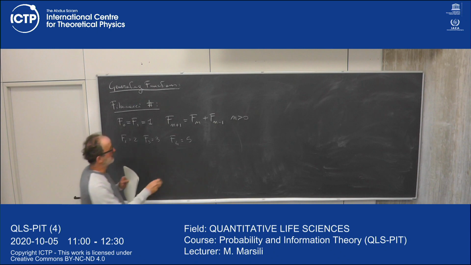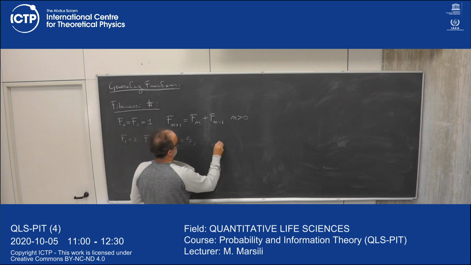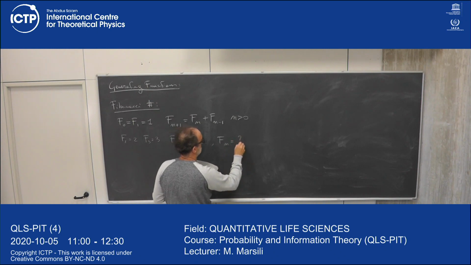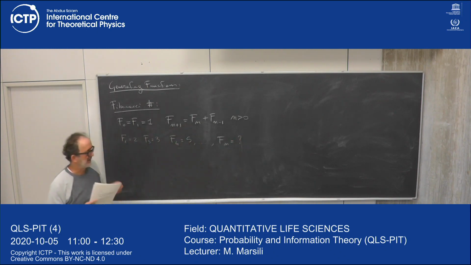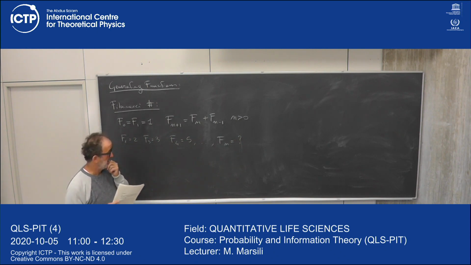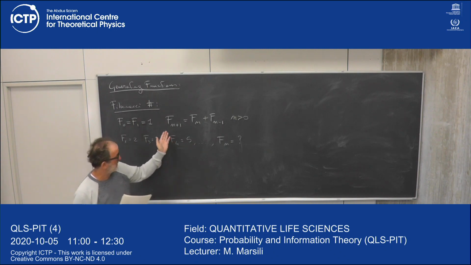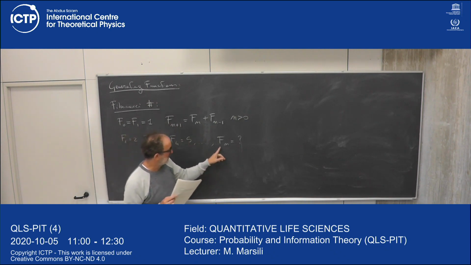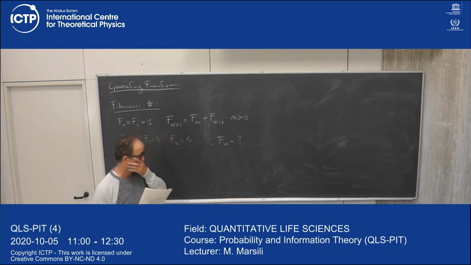Okay, and so on. So the question is, can we estimate Fn for large n? How do we estimate? Of course, you can put this in a computer and run the computer as long as you want and compute this number.